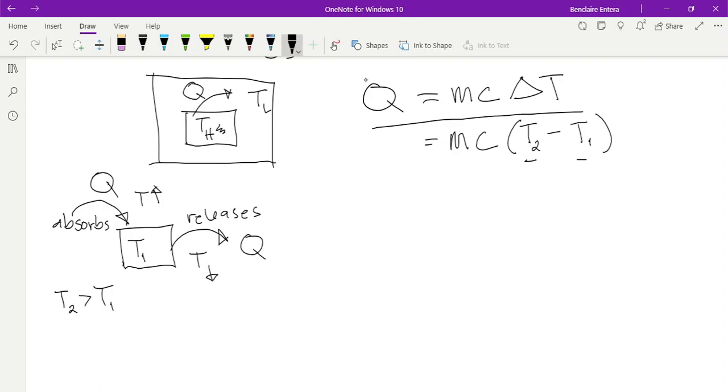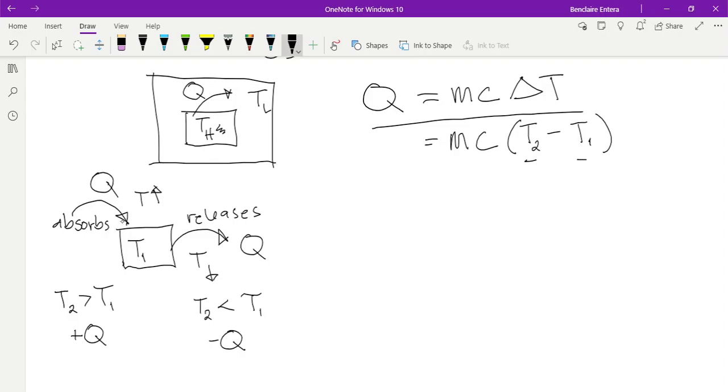Then from this equation, you will get positive Q. But when the object releases heat, it decreases its temperature, so in this case the final temperature T2 is less than T1. So liberated heat is negative. That's why you get negative Q from this equation. This is how the object increases or decreases its temperature by absorbing or releasing heat.